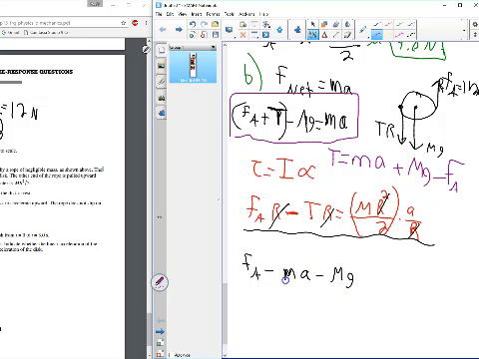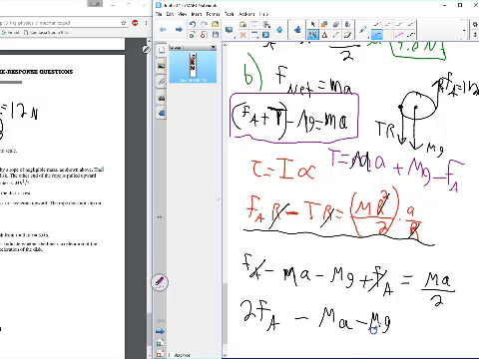And yes, the small m and big M are literally the exact same thing. I'm just being a little lazy here. F sub A. Okay, great. So now we have ma all over 2. Okay, this is becoming a lot simpler. Now these two are going to go away because that'll just lead to 2 F sub A minus ma minus mg.